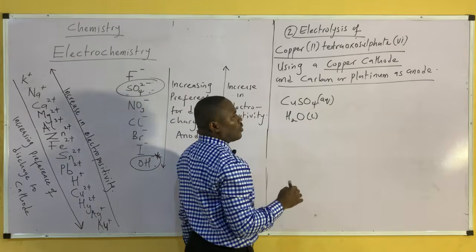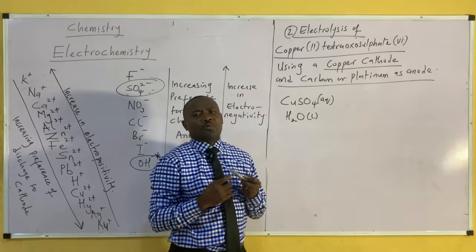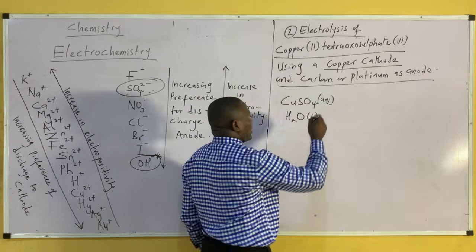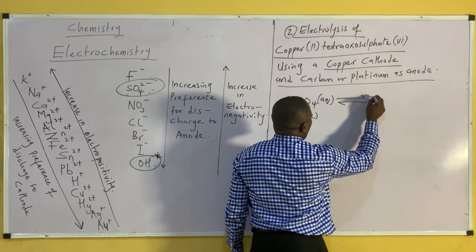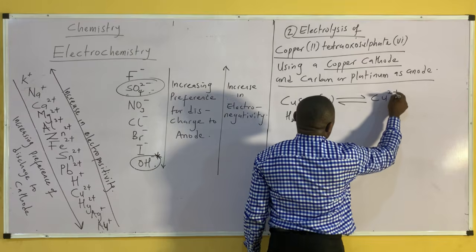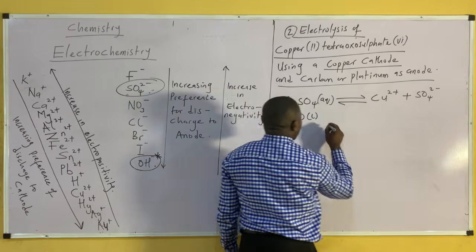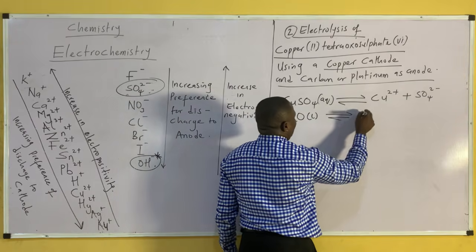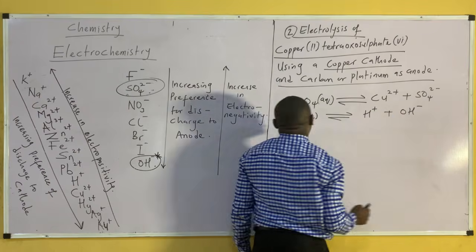Now remember, all of these electrolytes will dissociate in the presence of water. So this will give us Cu2+ and SO4 2-, and we have water giving us H+ and OH-.